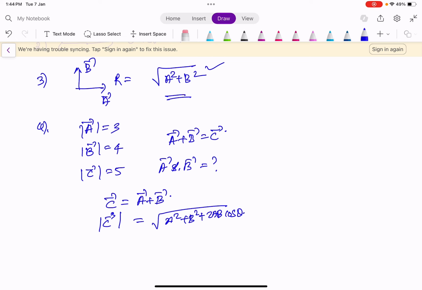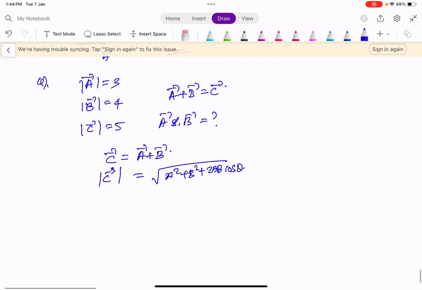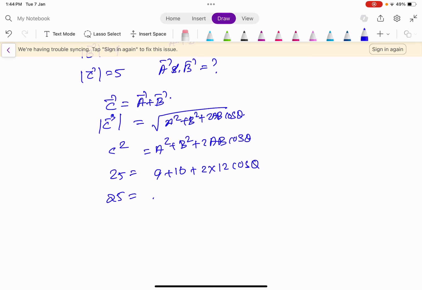C is equal to a plus b means C is the resultant of a plus b. So we can write like this. C square equals a square plus b square plus 2ab cos theta, where theta is the angle between A and B. So C square means 25 equals 9 plus 16 plus 2 into 12 cos theta. 25 equals 25 plus 24 cos theta.